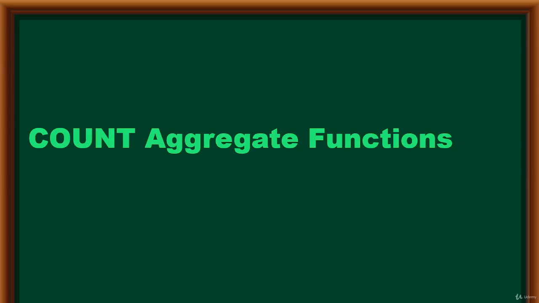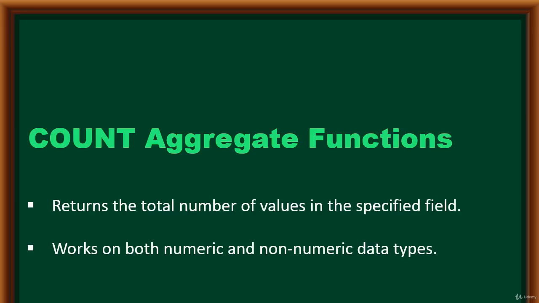In this video, I'll be introducing you to the count aggregate function. The count function basically is used to return the total number of values in the specified field or column, and it works on both numeric and non-numeric data.